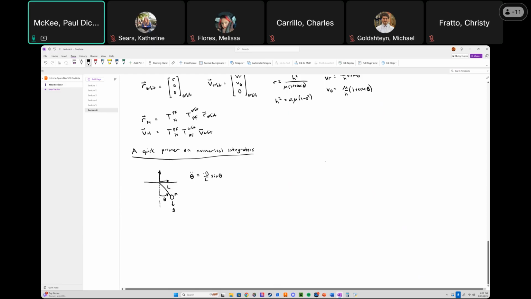Now, the way that you need to think about using a numerical integrator is it takes in a whole bunch of states, like position and velocity. Maybe the state of this pendulum would be theta, and then also its derivative, theta dot. You need to know the derivative of the pendulum to be able to propagate forward in time.